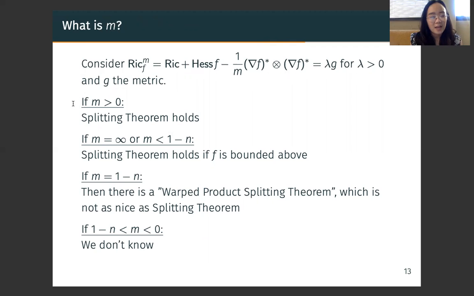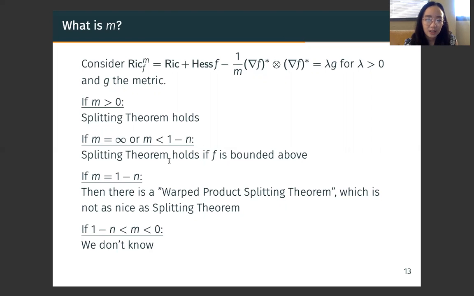If m is positive, then the Cheeger-Gromoll splitting theorem holds. In fact, in the m positive case, you can do the same thing as the Shen-Sormani proof because the splitting theorem holds. If m is infinity or m is less than 1 minus n, then the splitting theorem holds if f is bounded above.